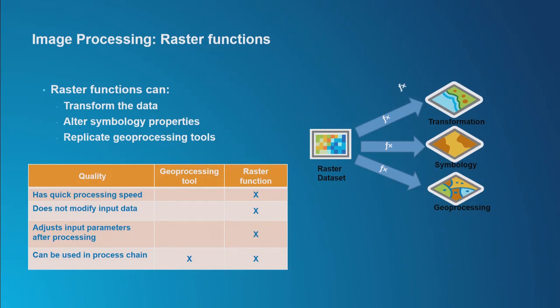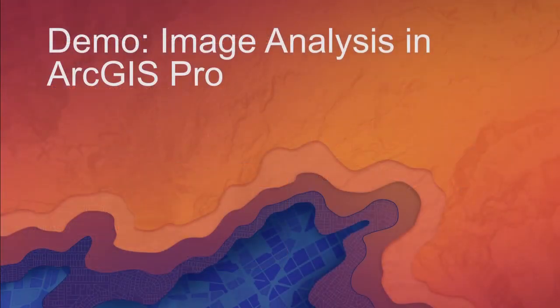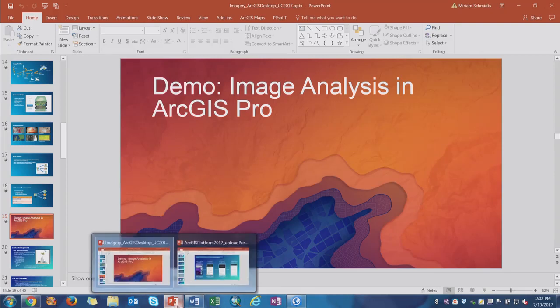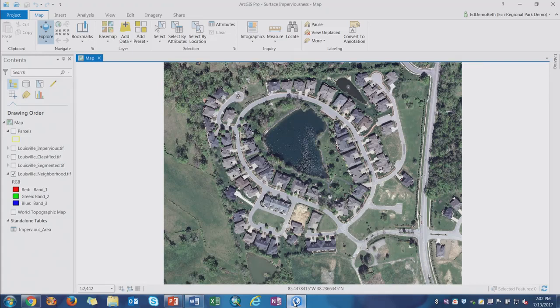I just want to quickly show you some of the raster functions and geoprocessing tools that we have available in ArcMap and ArcGIS Pro. Raster functions are not unique to ArcGIS Pro, but much more accessible and easier to use. So I would really recommend that you check out the imagery tab on the ribbon in ArcGIS Pro. It makes it really easy to use raster functions.